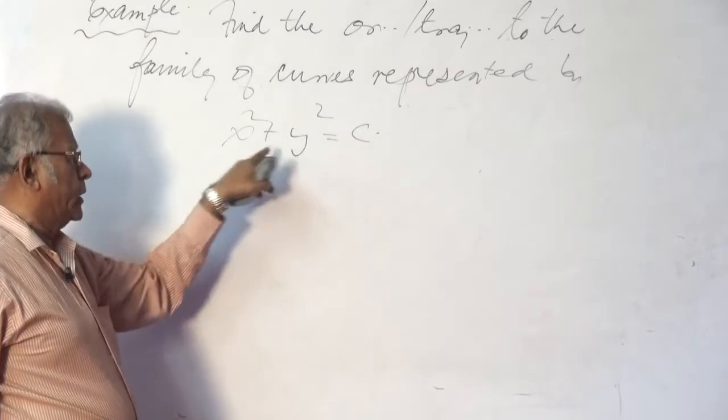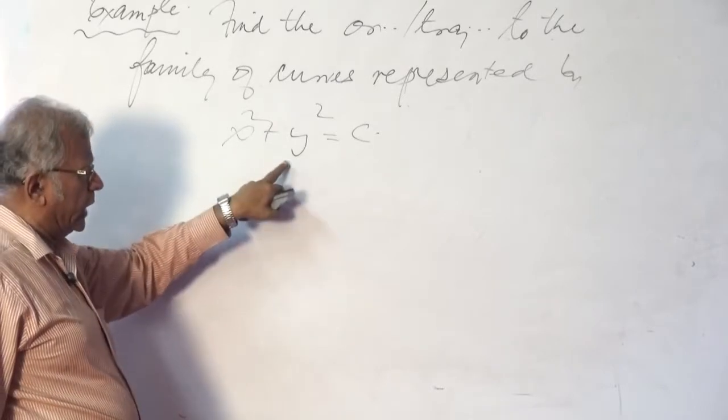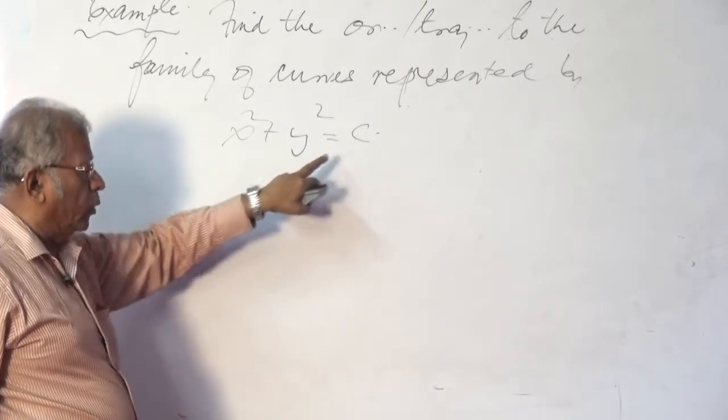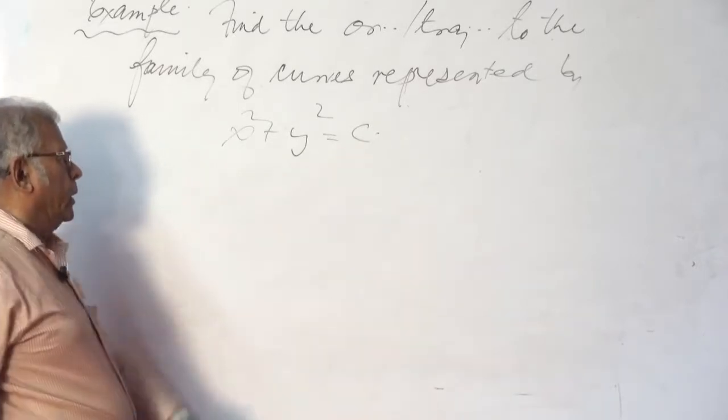Actually, it is just a family of circles whose center is the origin and whose radius is the square root of C. C is equal to R squared actually.